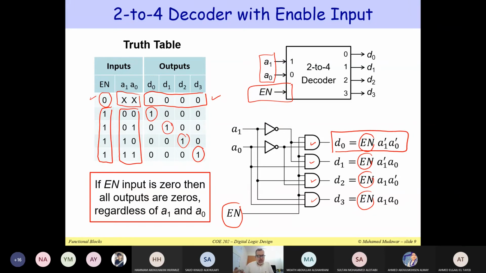If enable is equal to 1, one of the outputs is equal to 1. So rather than having a 2 input AND gate for the outputs D0, D1, D2, D3, we use an extra input to the AND gate. So if enable equals 0, all the outputs are zeros at the same time. Is this useful? Well, it turns out that having an extra enable input is very useful.